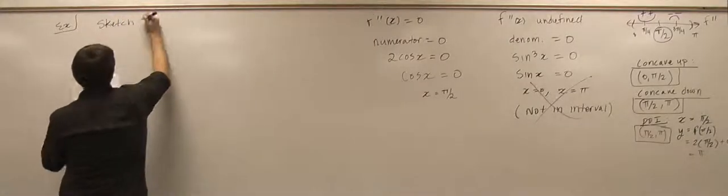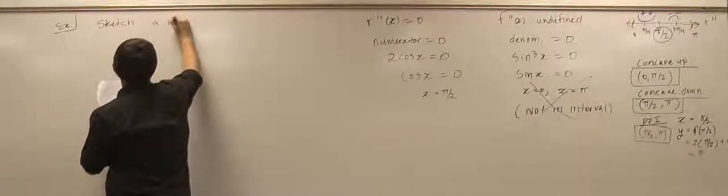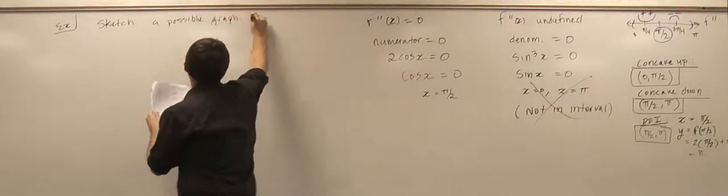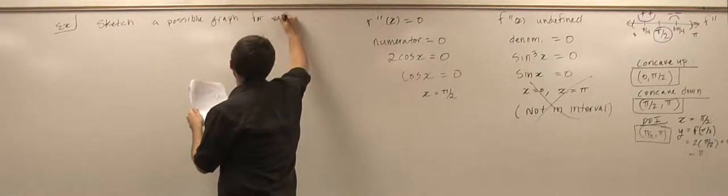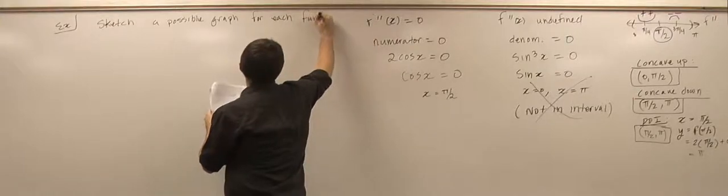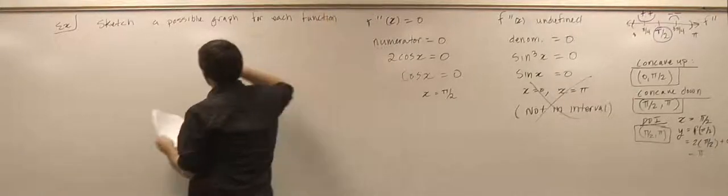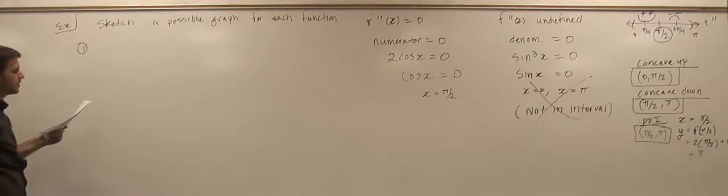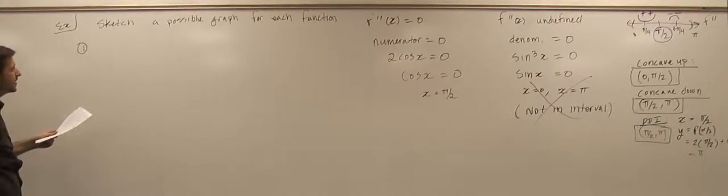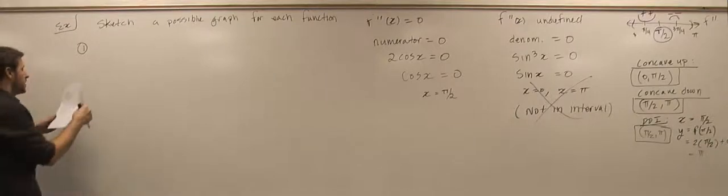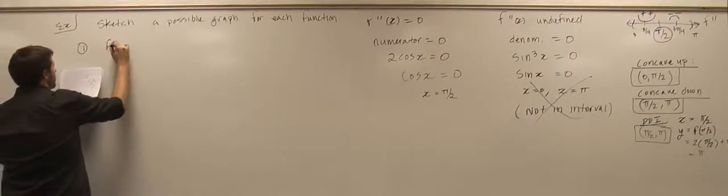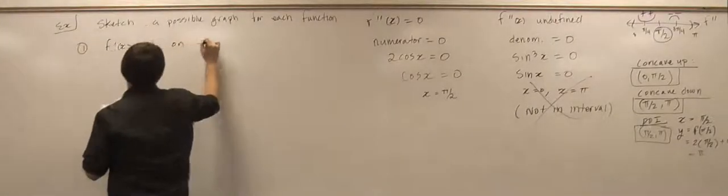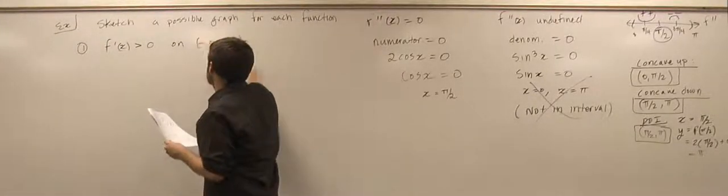So sketch a possible graph for each function. The first function here, f, has to satisfy the conditions: f prime of x is greater than 0 on the interval negative infinity to infinity.